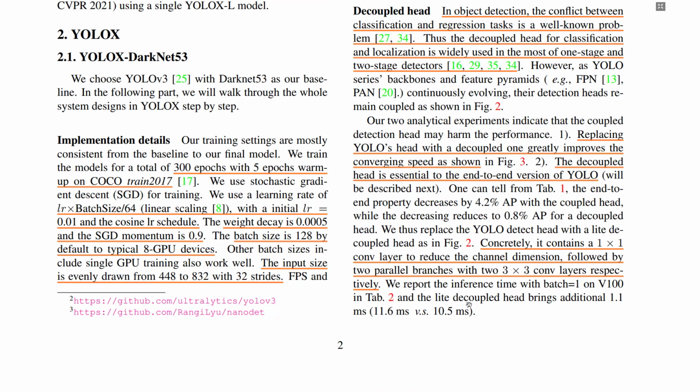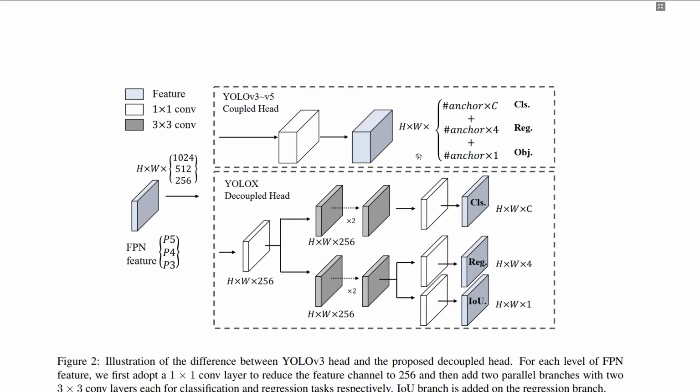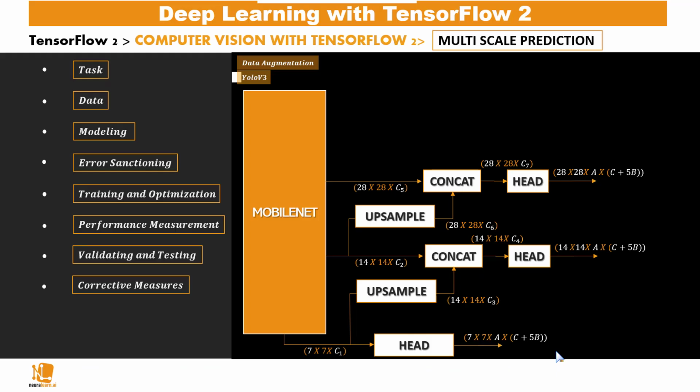We then move to the next improvement, which is that of the decoupled head. Before looking at the decoupled head, let's first start by understanding the coupled head, which was used in the YOLO version 3 to YOLO version 5 models right here. By heads, we mean there are different output predictions at different scales.